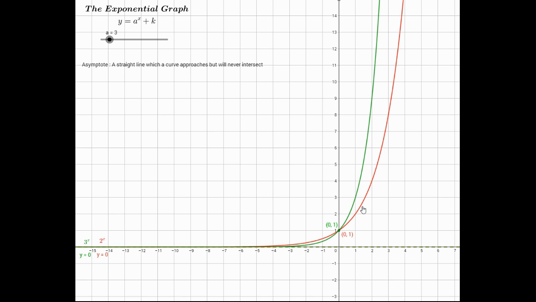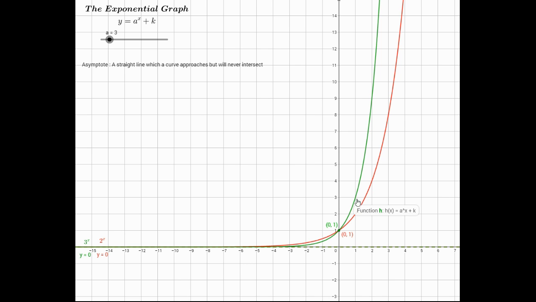If you take a look, when x is equal to 1, the value of y is equal to the base. So let's follow the red curve, because the red curve is 2 to the power of x. So 2 to the power of 1, the y value is equal to 2. The green line, however, 3 to the power of 1 is 3.